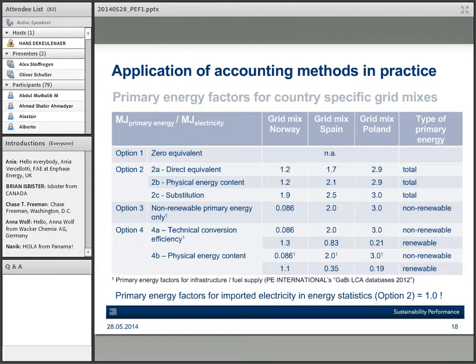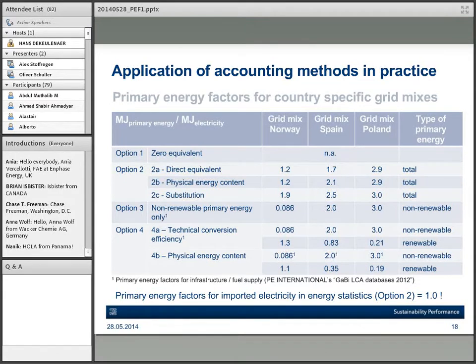And if I look for option 4, the technical conversion efficiency, it's also very similar, 1.3, because the conversion efficiency is 85% plus a little bit of non-renewable, which comes from the natural gas and infrastructure, so in total it's 1.4. But if I look on the substitution, I see already that then I have a different number here.